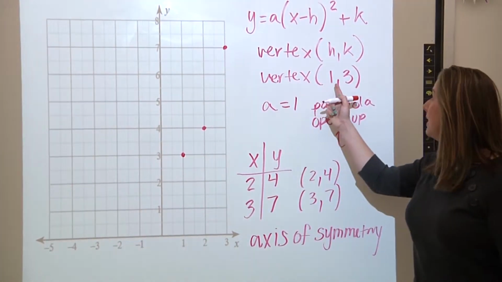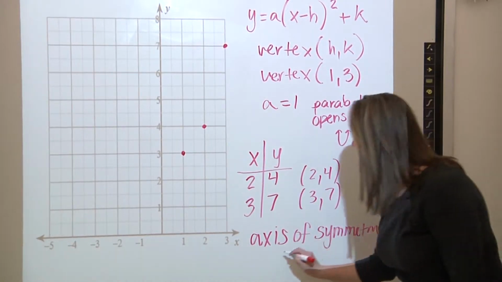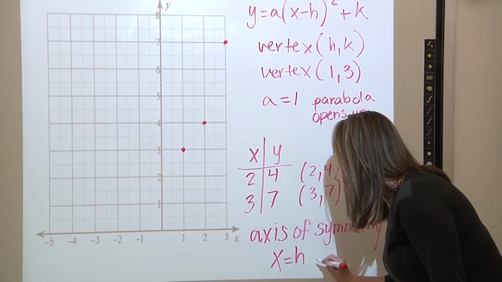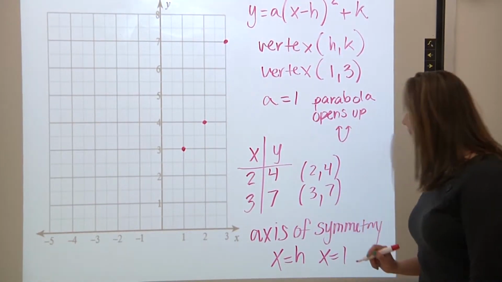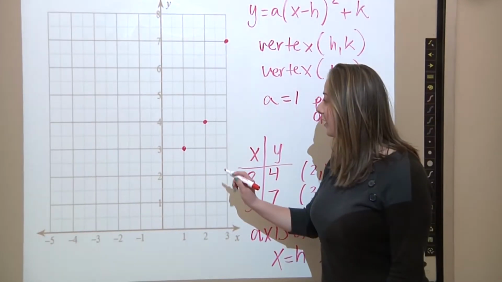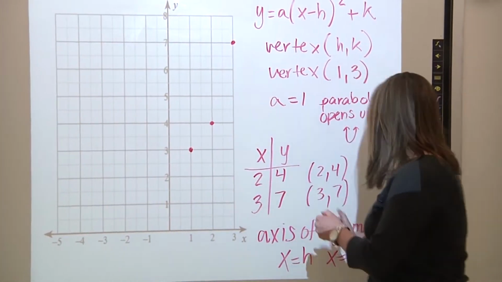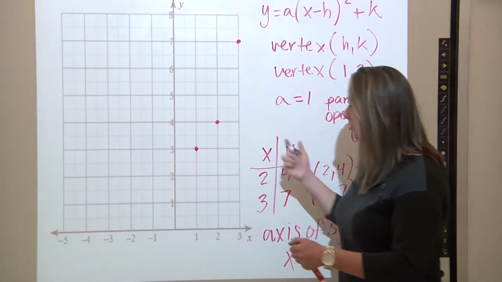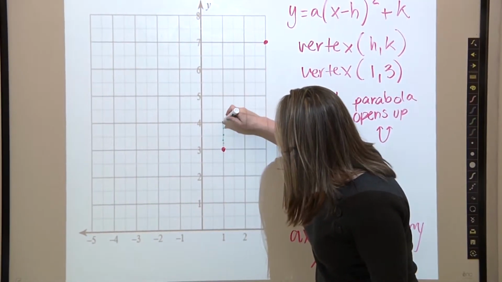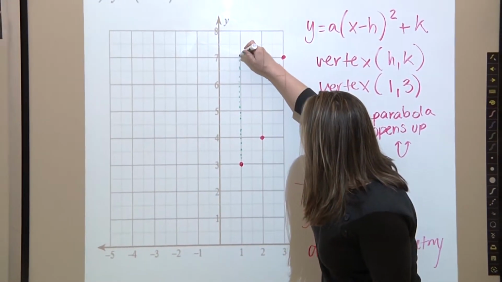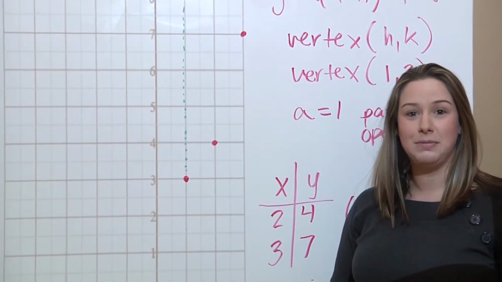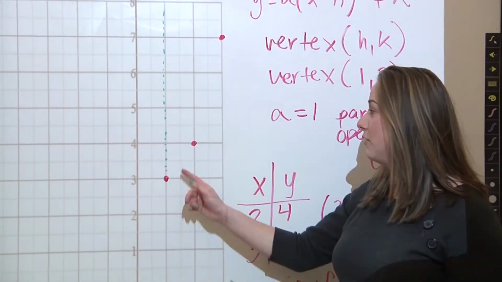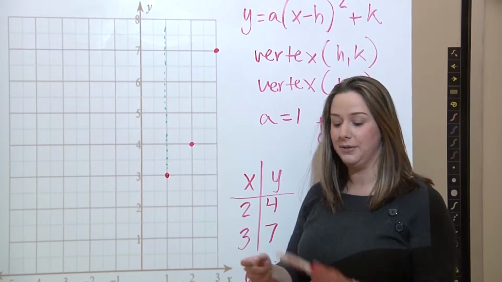So for this problem, it's going to be x equals 1. The axis of symmetry is a vertical line in which you can reflect the points that you've plotted.